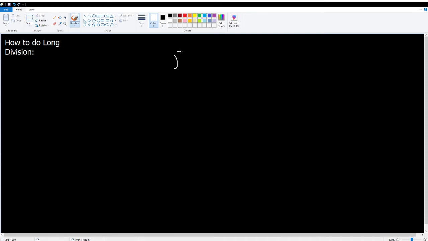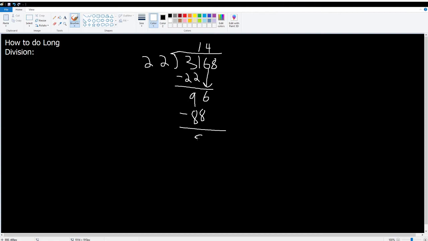So now we have 3,168 divided by 22. Okay. 22 goes into 31 once, minus 22. 9. Pull down the 6, you get 96. 22 goes into 96 4 times, minus, let's see, 88, and you get 8. 96 minus 88 is 8.